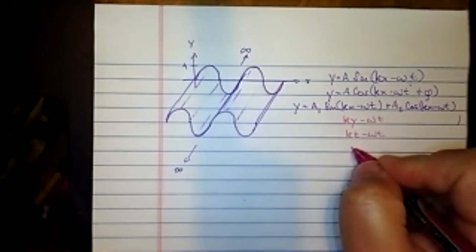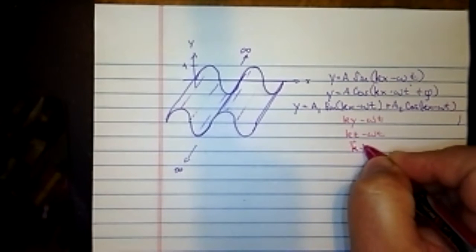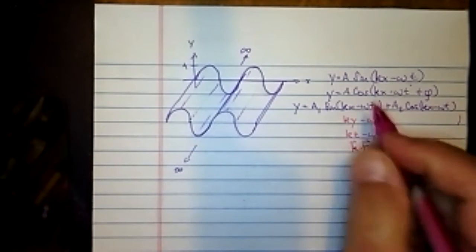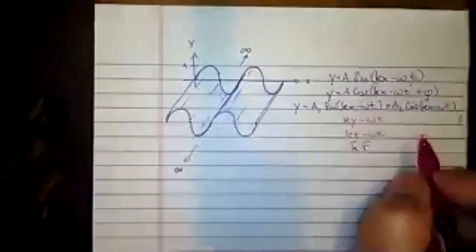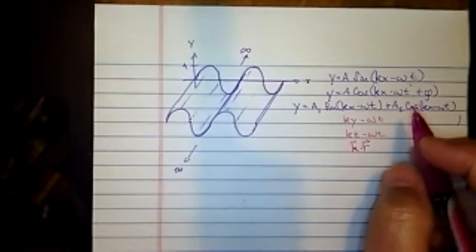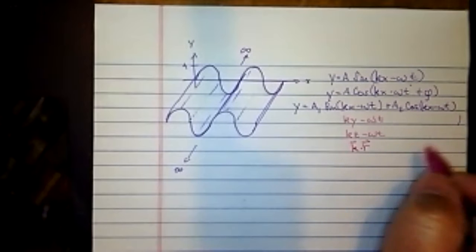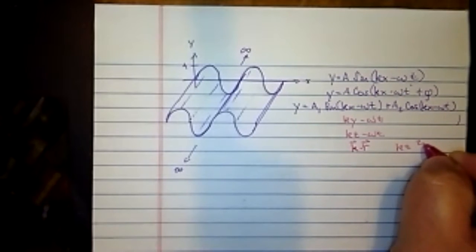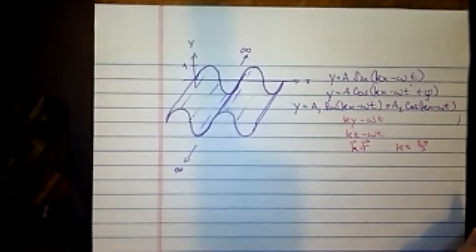Or in general, the expression would be k vector dotted with r vector, where r is the position vector that points to where you're looking at the wave. So you can see that would be k sub x times x, plus k sub y times y, plus k sub z times z, and k is defined to be 2 pi over the wavelength of the wave.